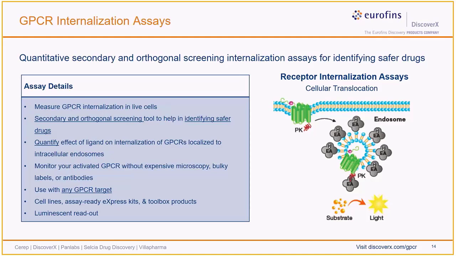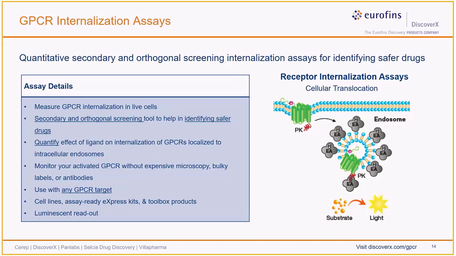This specific assay provides a tool for secondary or orthogonal screening to identify safer drugs, so drugs that give less undesirable effects such as drug tolerance, unwanted side effects, and diseases. So, you measure your GPCR in live cells and you have the ability to quantify this and gain a chemiluminescent type of readout.